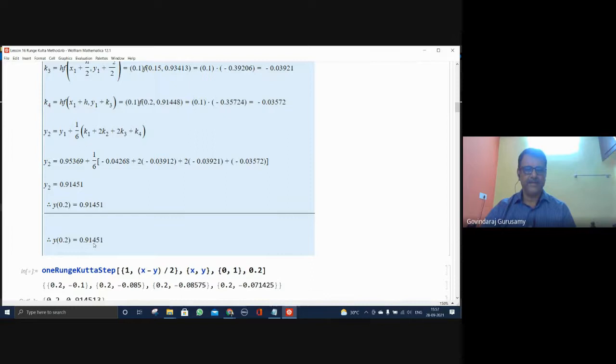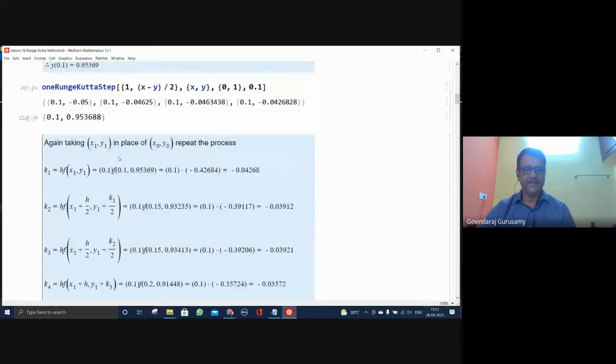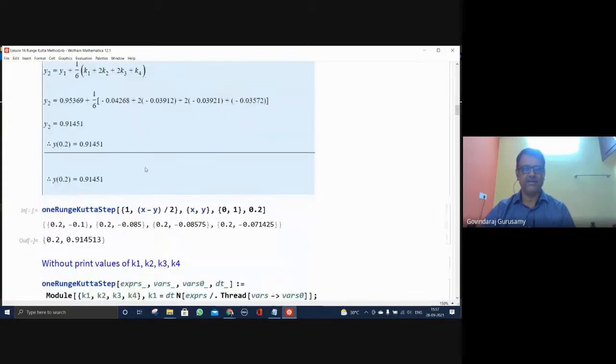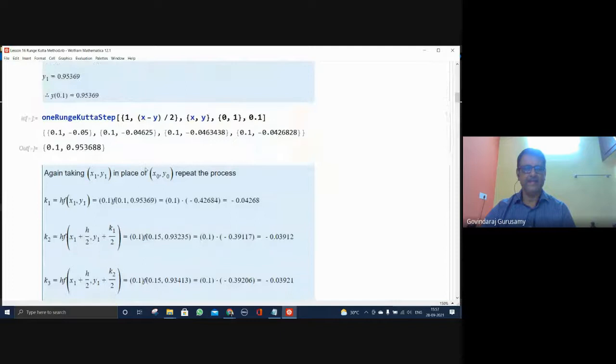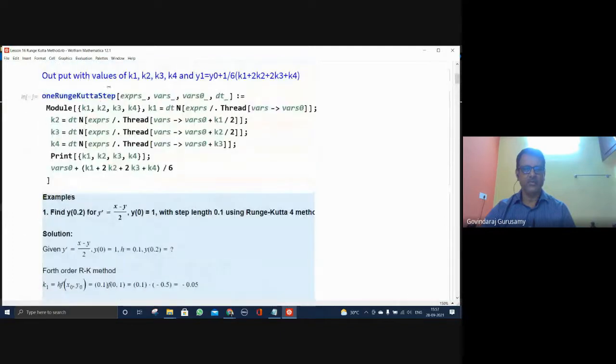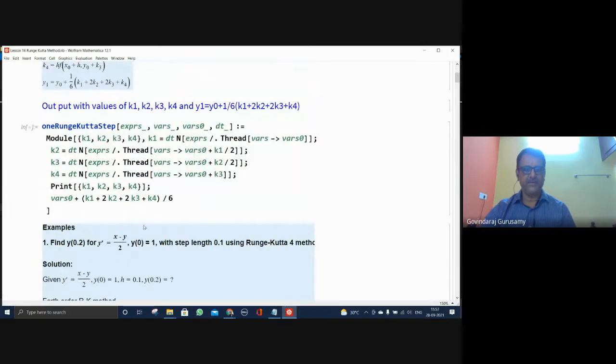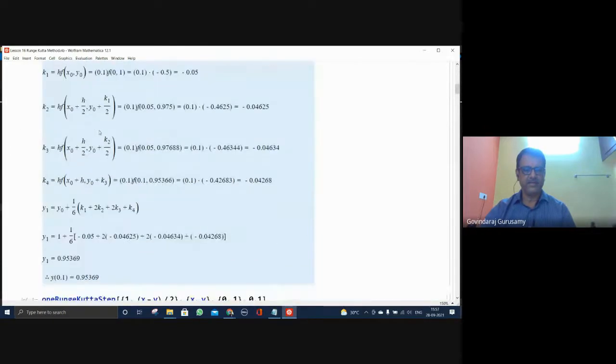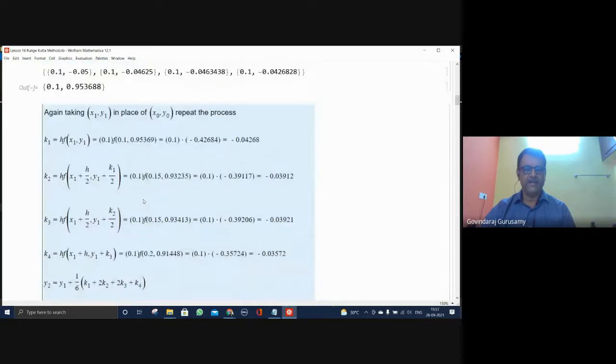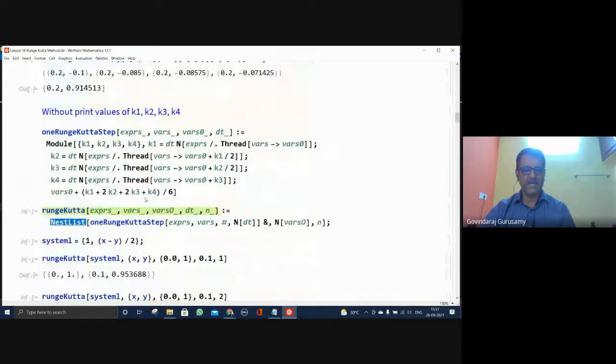Now, if I go to the third one, what would happen? This will be x2, y2, and x1, y1. Repeat. Then fourth, fifth, sixth, go on. And if we can write a program, then that will be easy. So one Runge-Kutta step is this one. If I wanted to go to the next one, these things are going to be an input, and that input can be achieved by using a nest list.